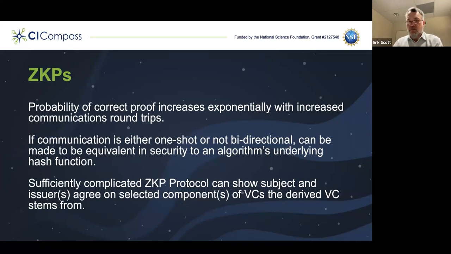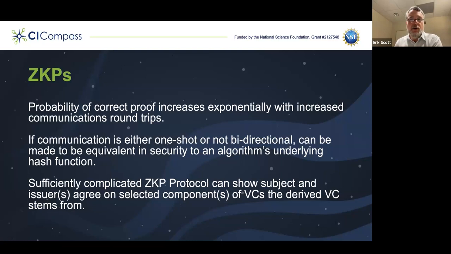So with zero knowledge proofs, there's a couple of ways to use them. You can use them what's called interactively. There doesn't have to be a human in the loop, but the prover and then the verifier, if they can communicate back and forth repeatedly, then you can compute the probability that the prover actually does have that information.